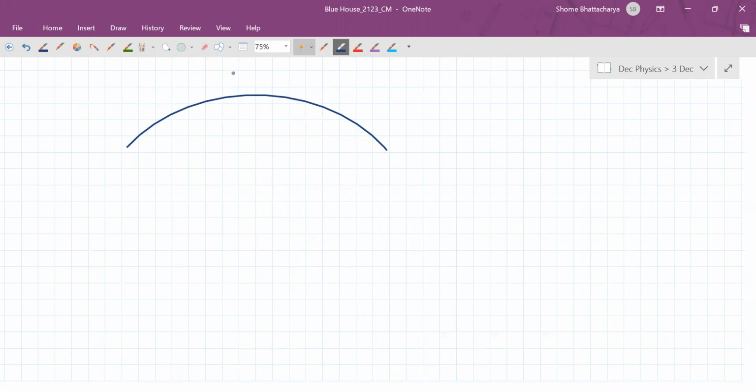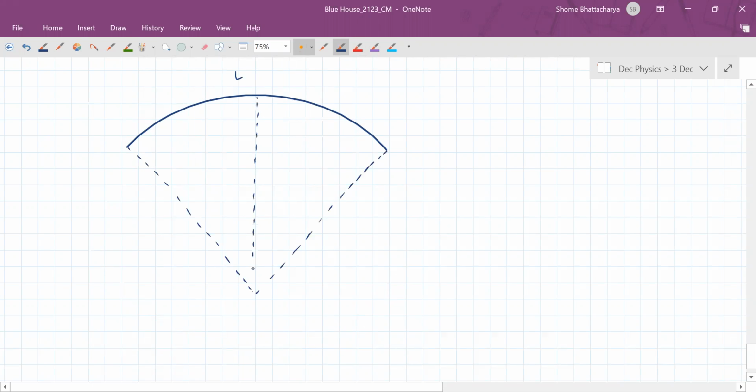The total length of the arc is L, and it has a radius of curvature. If we drop a normal from the two endpoints and a normal from any other point, including the top point, they will all intersect at the center of curvature here. So this is R.